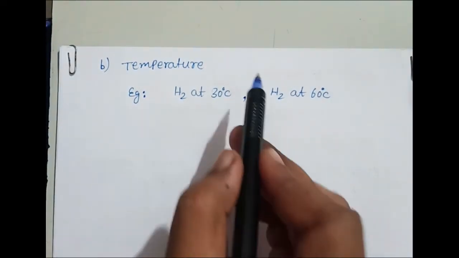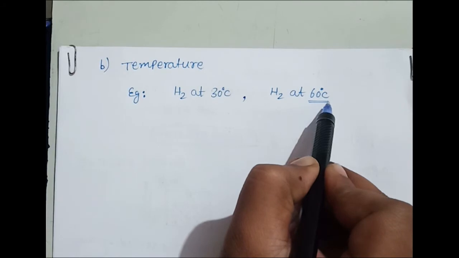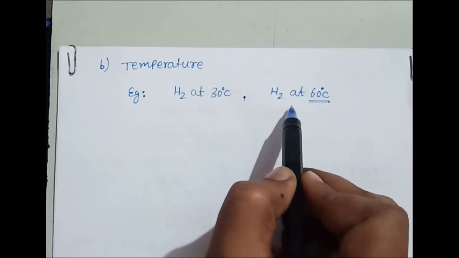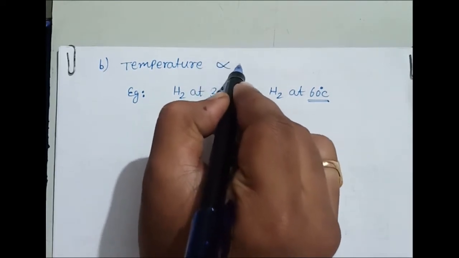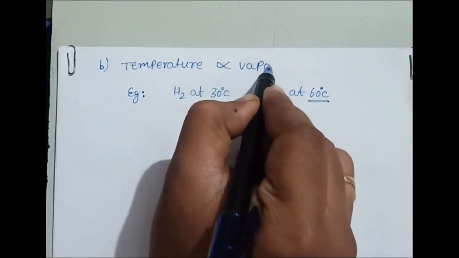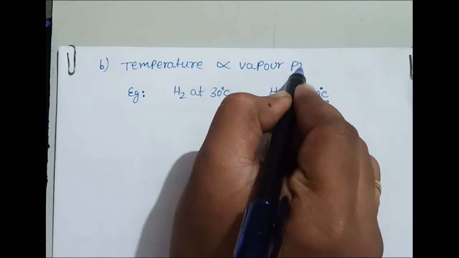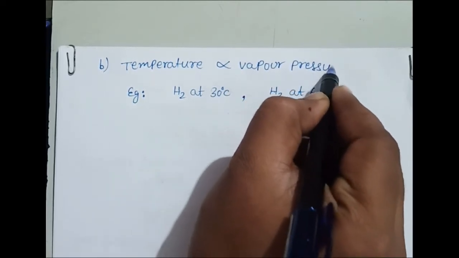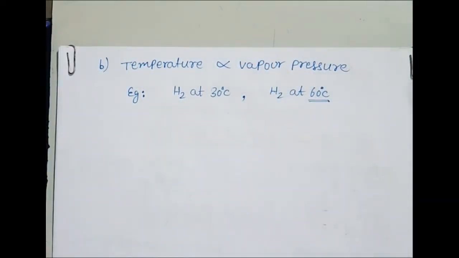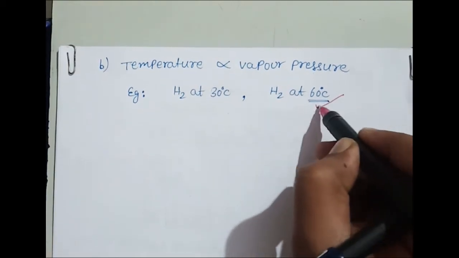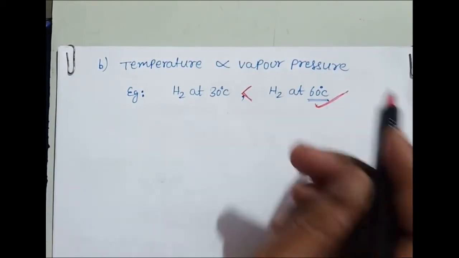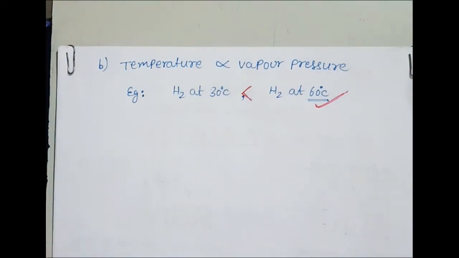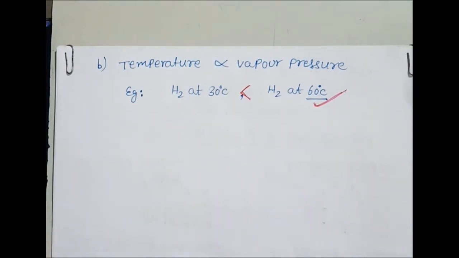If the temperature is more, the collisions will be more. If collisions are more, the pressure will be more, which means temperature is directly proportional to vapor pressure. So water at 60 Celsius has a high vapor pressure and the other has a low vapor pressure. These are the two factors which discuss vapor pressure.